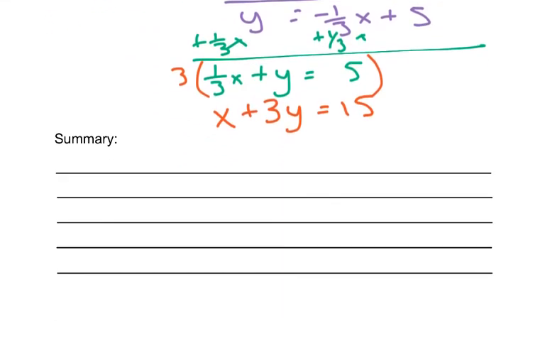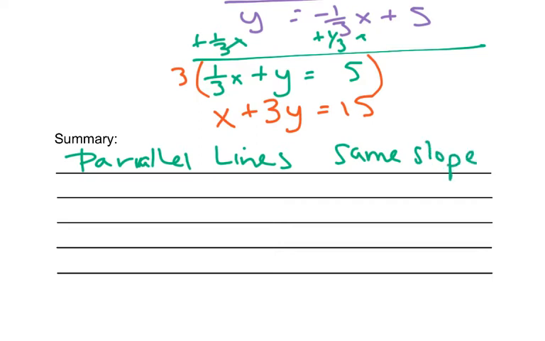All right, so quick summary. Parallel lines have the same slope. So your initial slope is going to equal your parallel slope.